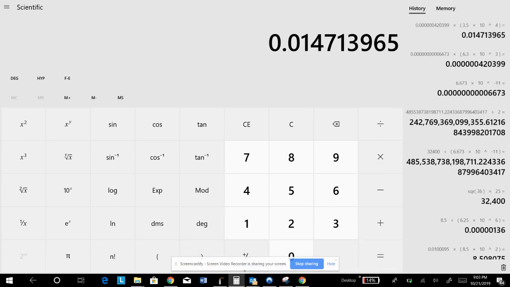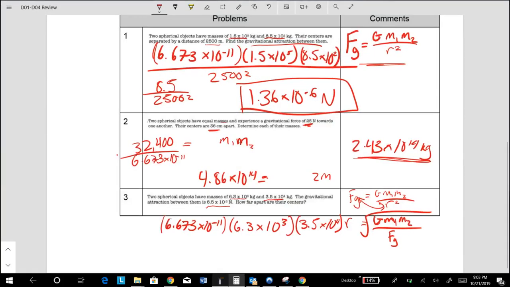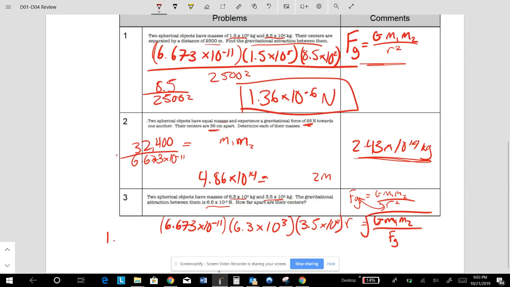So our final answer is 1.47 times 10 to the negative 2. So this should be 1.47 times 10 to the negative 2. And then we divide it by our FG. So our FG, our force of gravity, the attraction between them, 6.5 times 10 to the negative third.